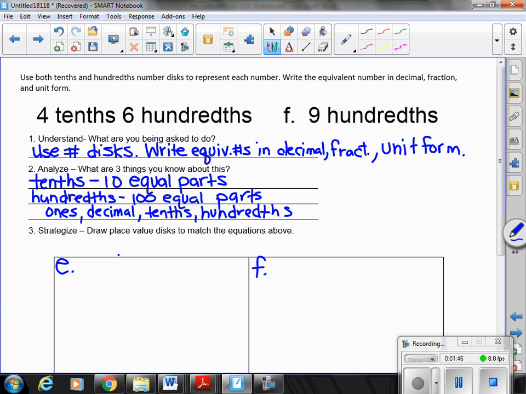So we're drawing place value discs to match the equations above. So E, which this is my E right here, wants me to draw 4 tenths and 6 hundredths. So if I'm going to draw 4 tenths, here's my tenths. These are my discs right here.